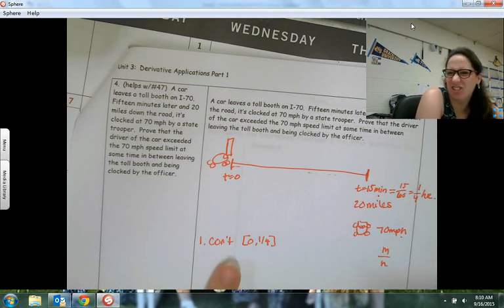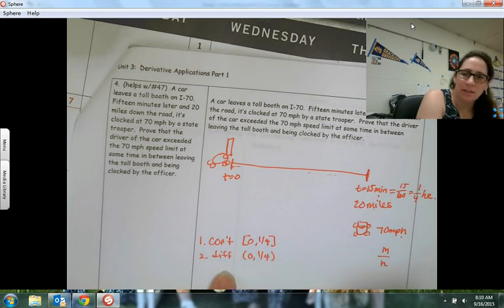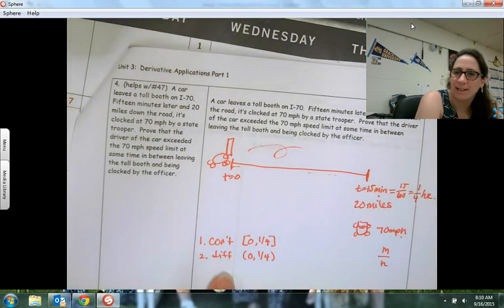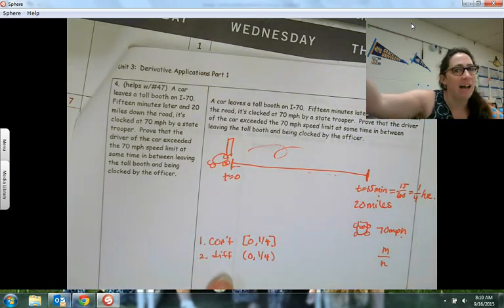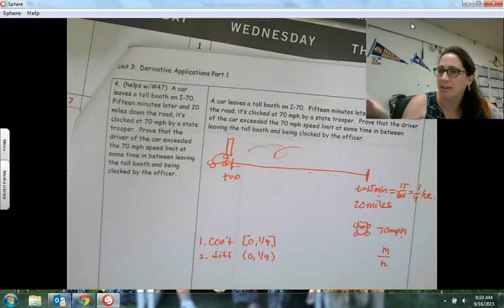You just kind of have to assume that. Am I differentiable on the open interval? Well, let's just assume he's not doing any loop-de-loops, and he's just driving along a normal highway road. Sure, that's differentiable.